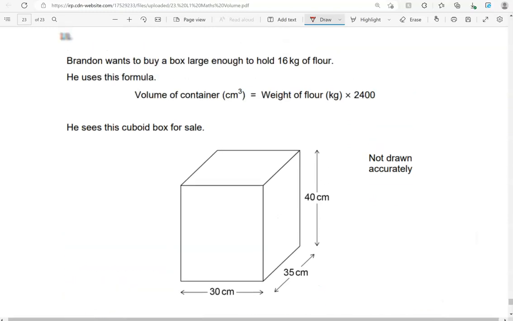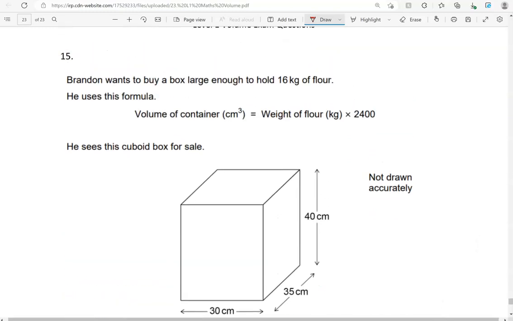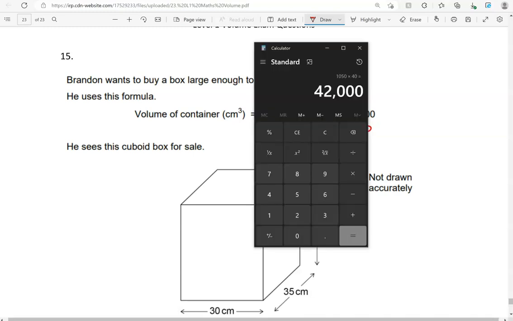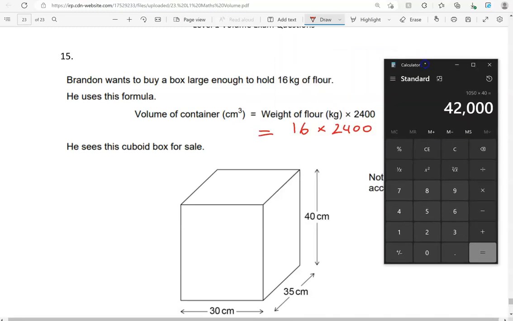So we now know the volume of the box that we have is 42,000 cubic centimeters. Let's work out the volume of the container that is large enough to hold 16 kilograms of flour. So we're going to replace weight of flour in kilograms with 16, and multiply it by 2,400, which is 38,400.